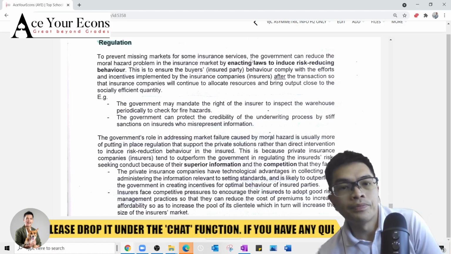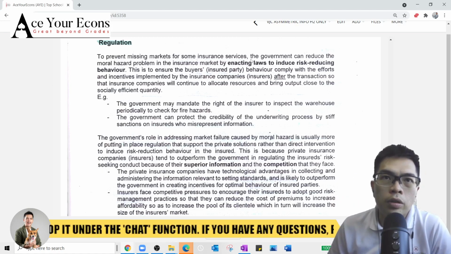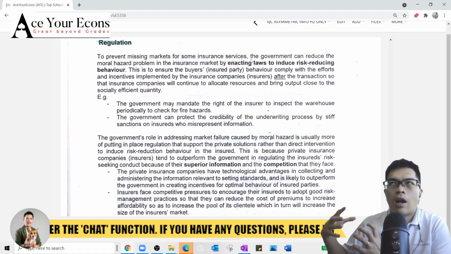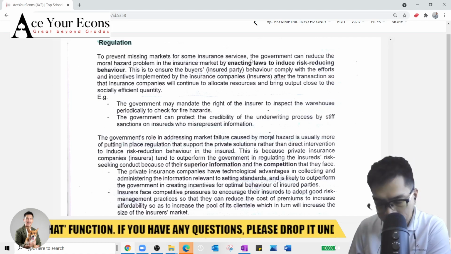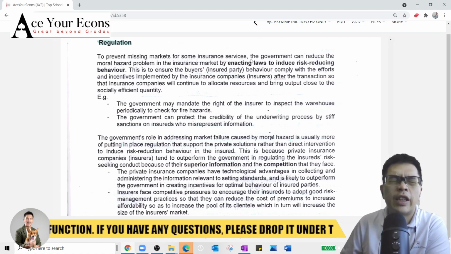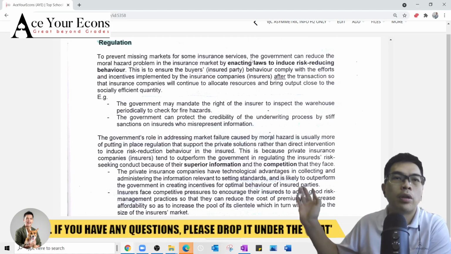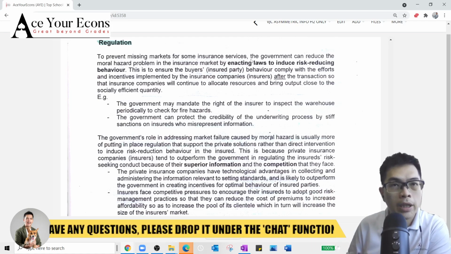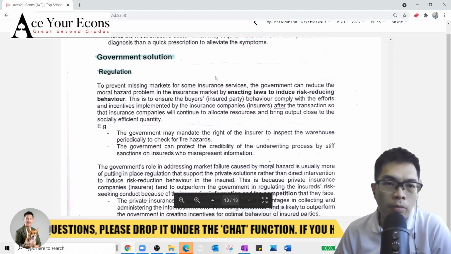For the consumers who acquire the fire insurance of the warehouse, if they are adequately protected by fire insurance, then they will put flammable products everywhere, right? Knowing that the private insurer will pick up the bill when there's a fire. Agreed? So this is a form of monitoring as well.